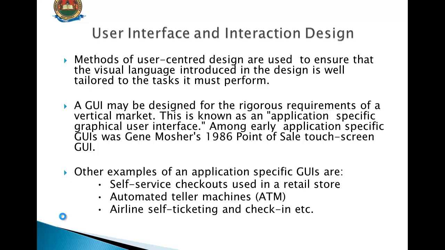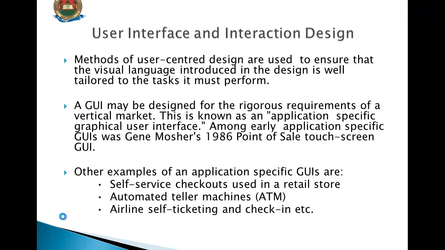A GUI can be designed for the rigorous requirements of a vertical market, which is known as an application-specific graphical user interface. There are different application-specific graphical user interfaces in existence, and examples include your ATM. The ATM graphical user interface is built in such a way that even a novice can interact with that automated teller machine.